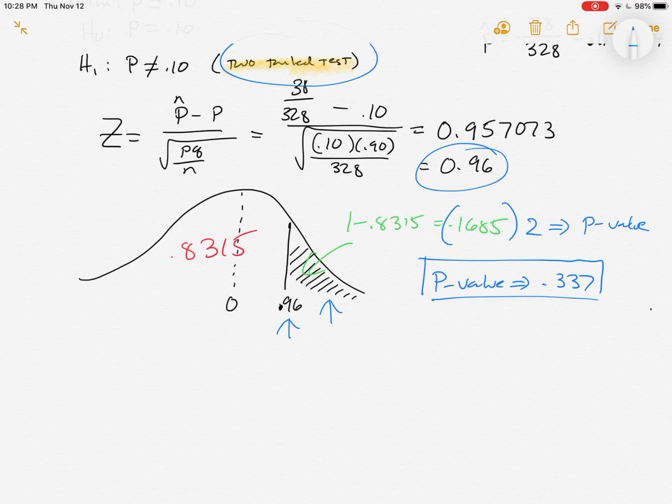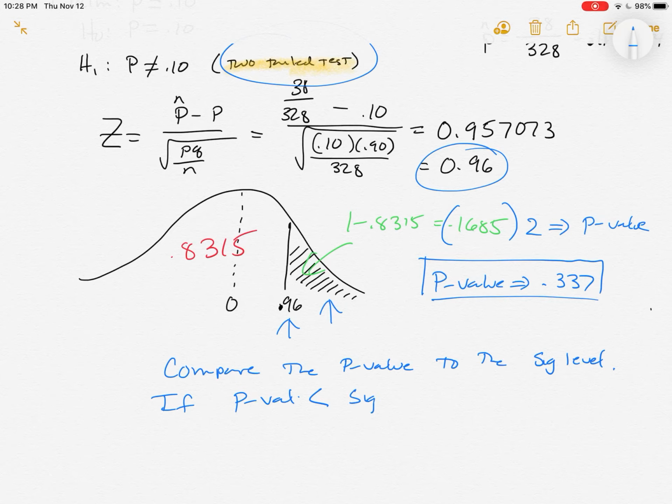So 0.337, awesome. The next thing to do is to compare the p-value to the significance level. If the p-value is less than the significance level, that means you reject.